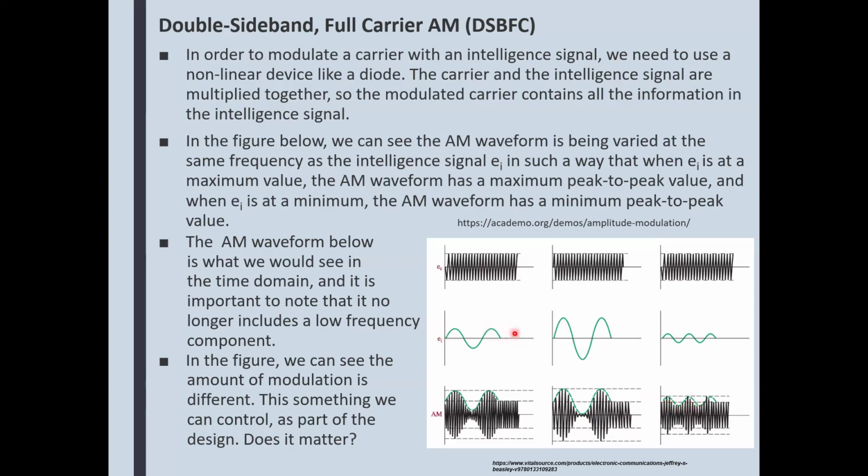So here's our reference signal. We crank up the volume of the music, then the carrier is going to be modulated more as far as the amplitude modulation. And if we crank up the volume less, then of course the carrier is going to be modulated less.